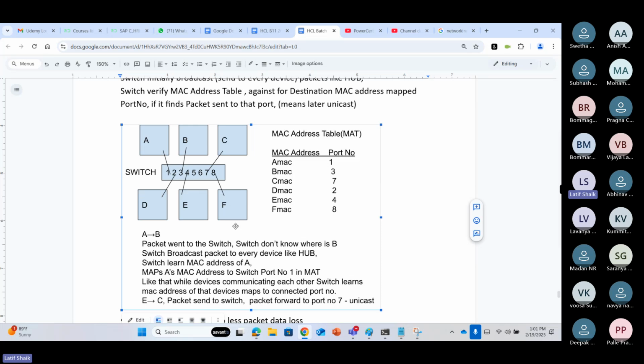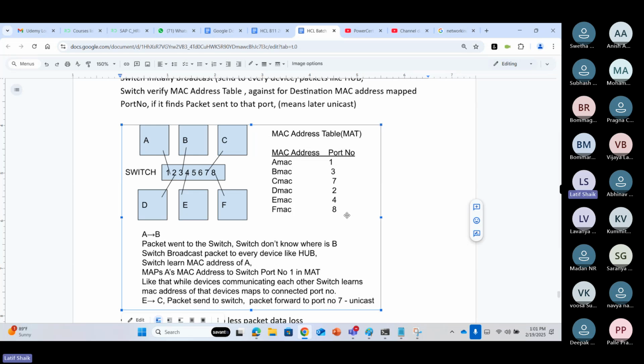Next, it learns A's MAC address and maps it into the MAC address table with port number 1. Once it has learned the MAC addresses, it will start unicasting. First it will check the MAC address table.